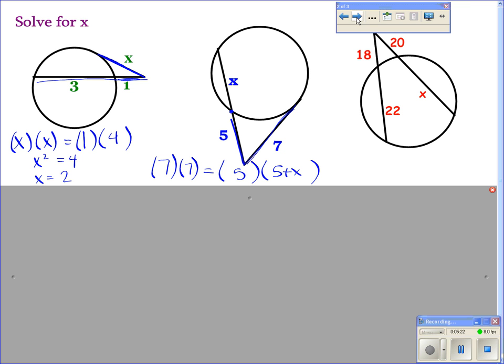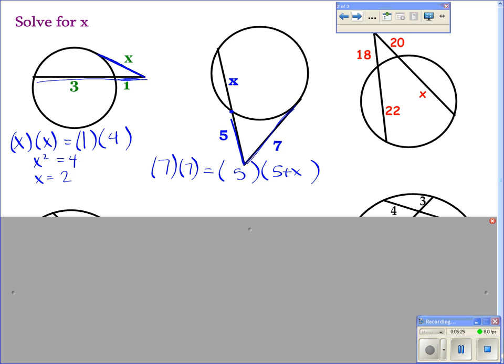When we add them, they're separate. So we've got 49 is equal to 25 plus 5x. We want to distribute that 5 to both of the terms. What do we do now? What do we get for our answer? 4.8.